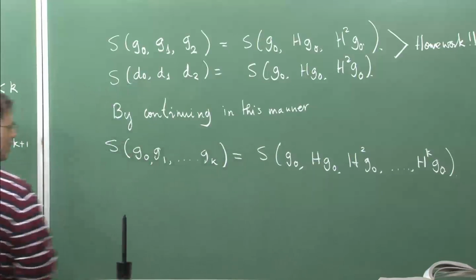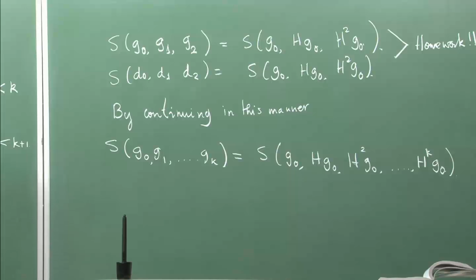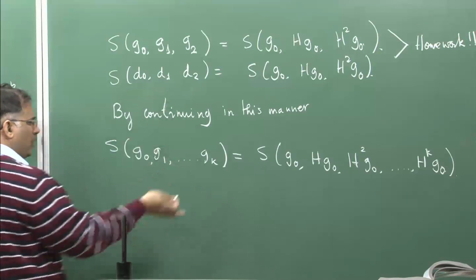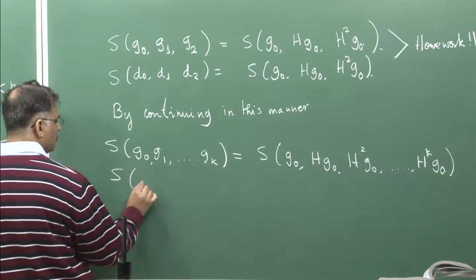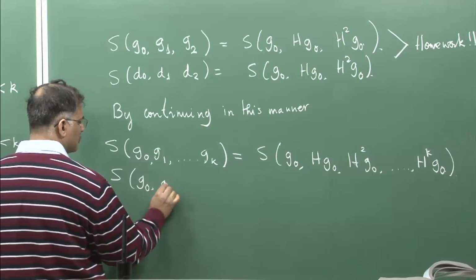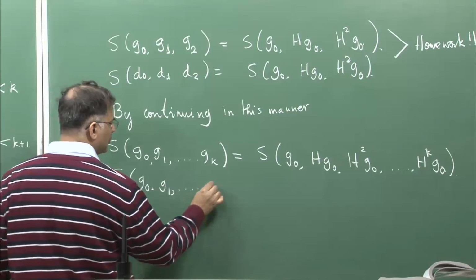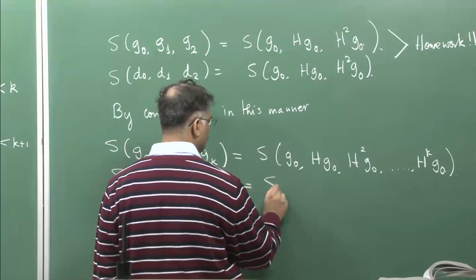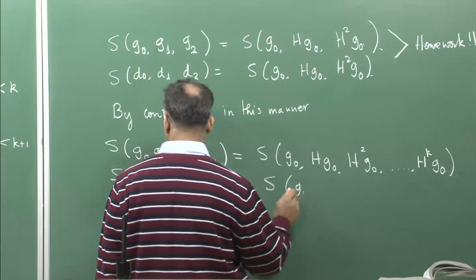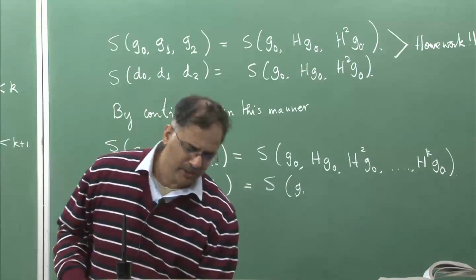This is true, and of course, once you know this, you can extrapolate and say that this is true for the directions, sorry not G, I made a mistake, the directions.